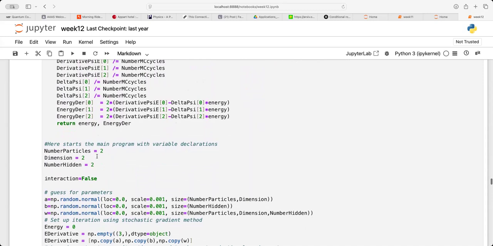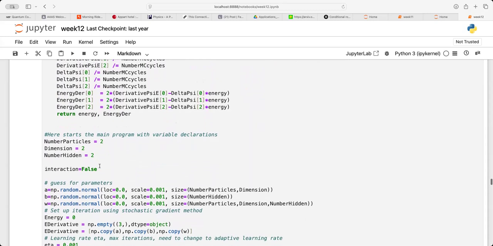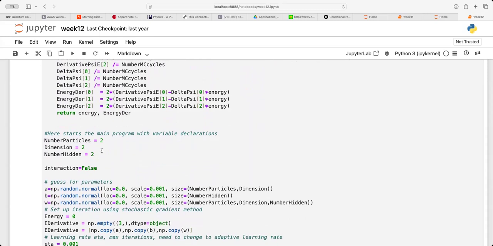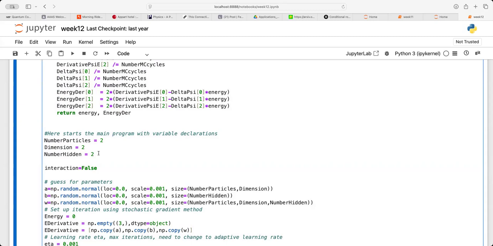I'm setting up number of particles equal to dimension 2. And what I'm doing now is simply to say that the number of hidden nodes is just given by 2. So this becomes a parameter you can play around with. The number of visible nodes is 2 times the dimension.